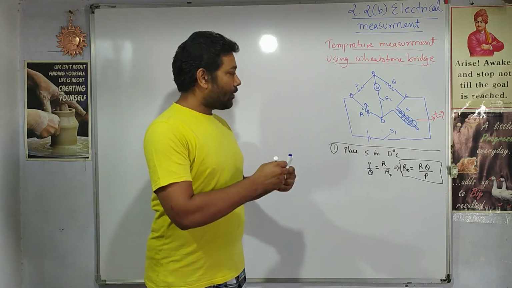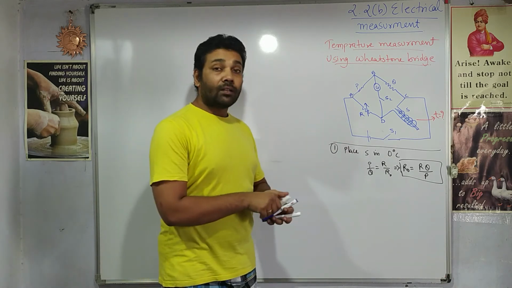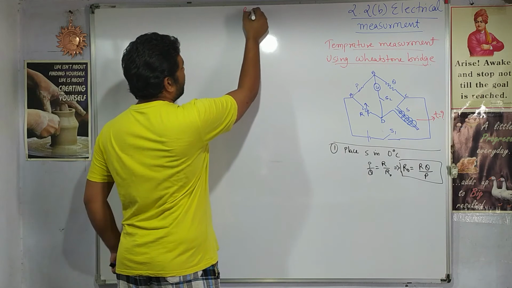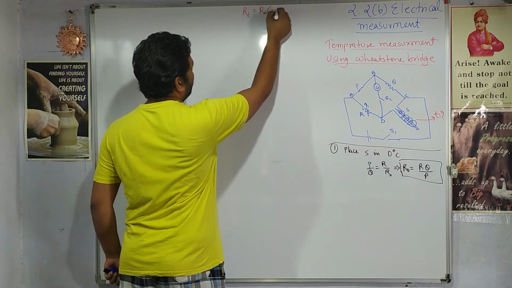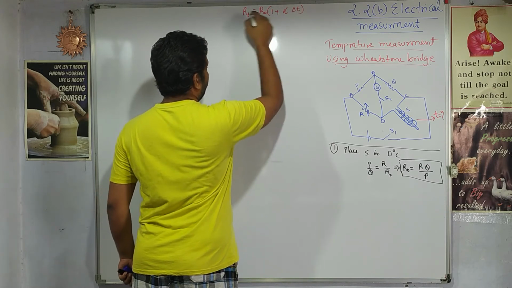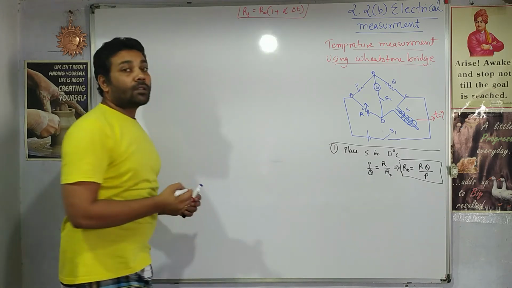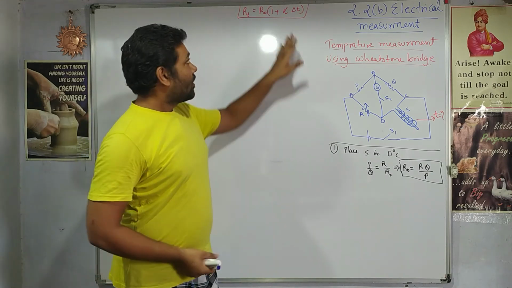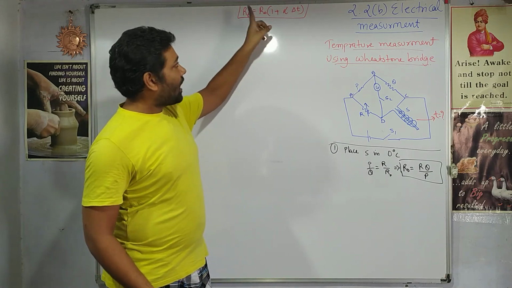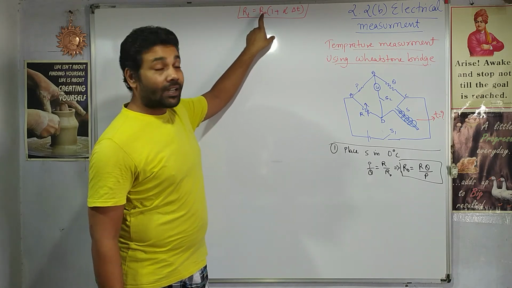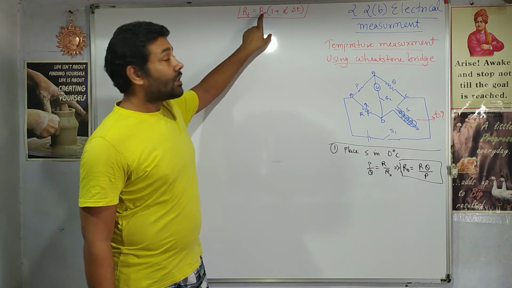Now one more hint I would like to give here. In order to measure the temperature, the formula which we are going to use is this. You must be remembering this formula to calculate the resistance or to calculate the temperature. To use this formula, I must know the reference resistance, the resistance at 0 degrees centigrade.